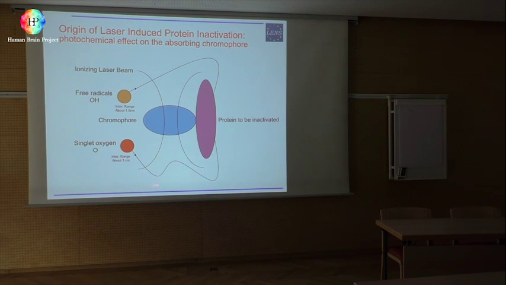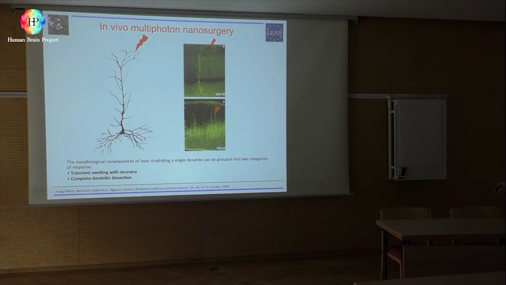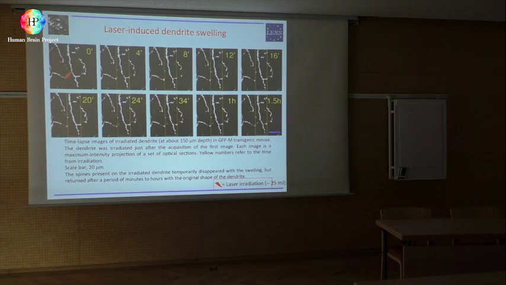So the singlet oxygen attacks the protein and inactivates it. So it's a knockout, but it's an optical knockout, not a chemical knockout. And with this, you can inhibit a protein with an optical signal, but you can also cut dendrites, like here, for example. In this case, we cut this dendrite.